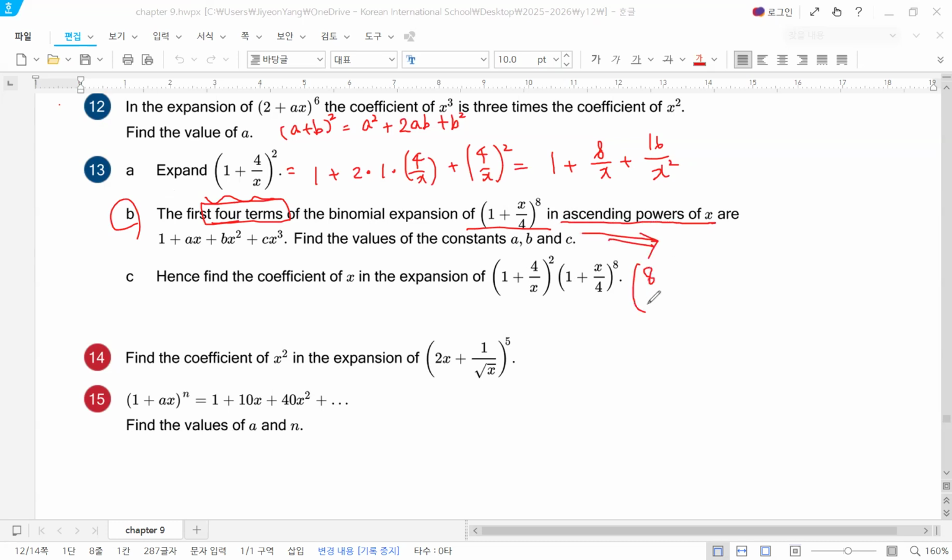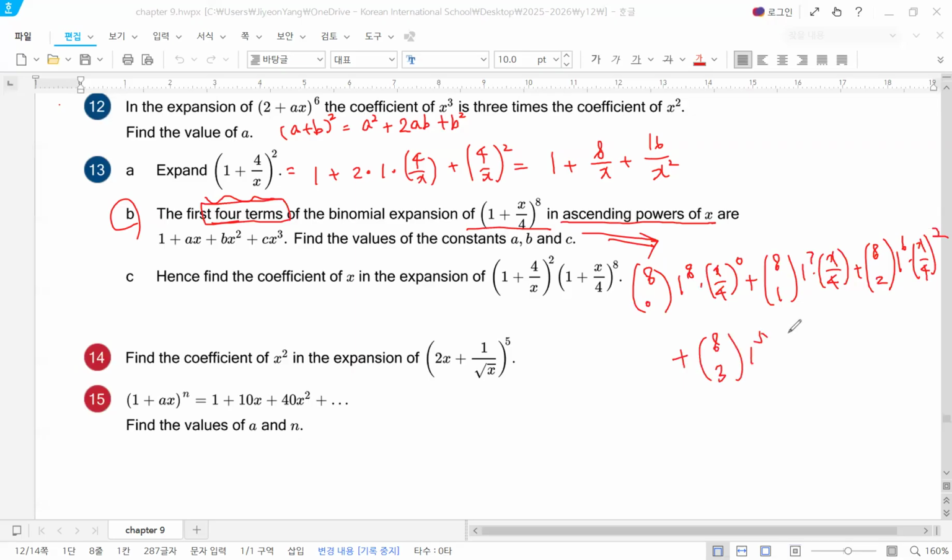So 8C0, 1 to the power of 8, x over 4 to the power of 0, plus 8C1, 1 to the power of 7, x over 4 to the power of 1, plus 8C2, 1 to the power of 6, x over 4 squared, plus 8C3, 1 to the power of 5, x over 4 cubed. So first 4 terms from the question, okay, we need to find until x cubed here, right?